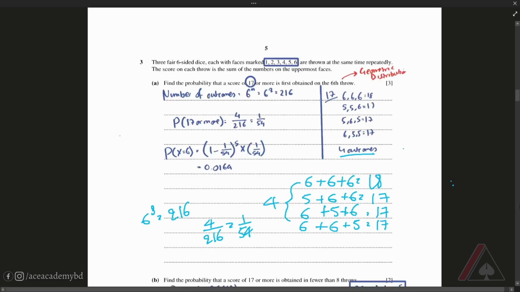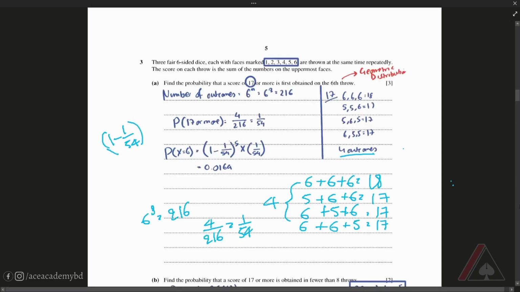And now we need to find the probability that this happened on the 6th throw. So on the first few throws, it didn't happen. So on the first few throws, it was below 17. So to find the probability that it was below 17, we deduct the probability that it was 17 from 1. This is our probability of not 17.